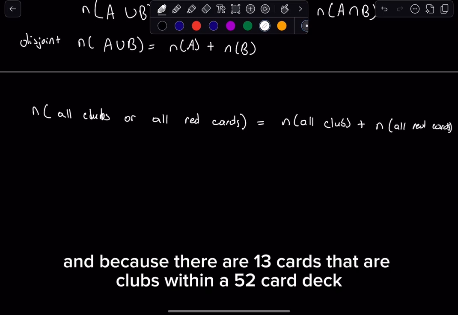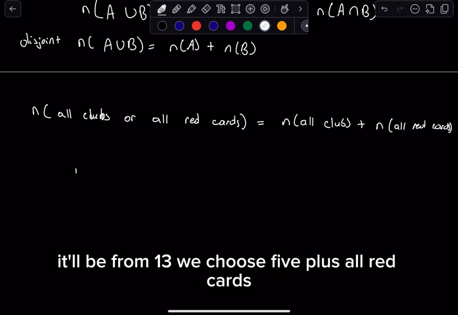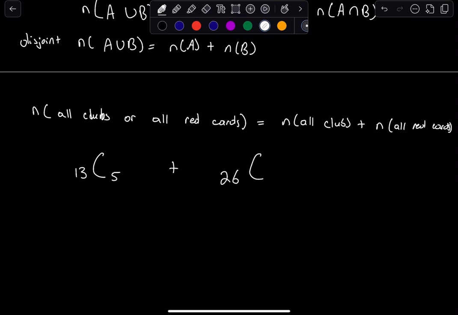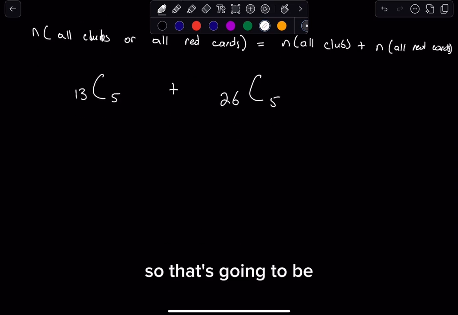Because there are 13 cards that are clubs within a 52 card deck, and we need to choose 5 cards from it to have a hand, it'll be from 13, we choose 5, plus all red cards, there are 26 red cards in the deck, we choose 5. So that's going to be this formula right here.